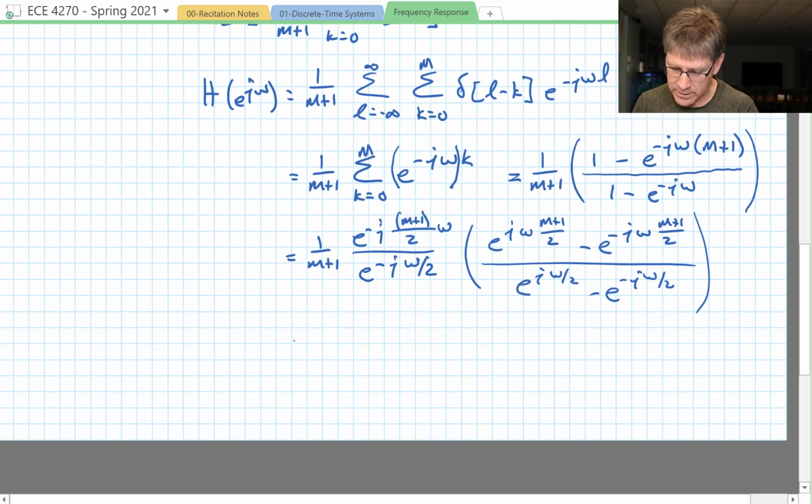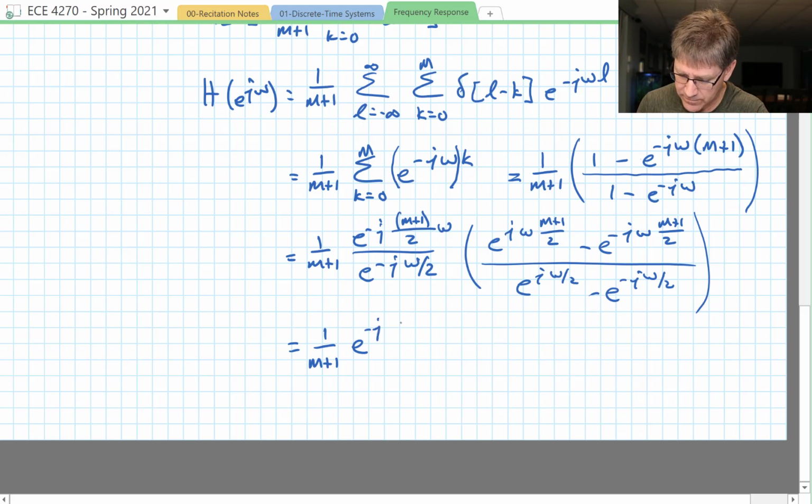So this comes out to be 1 over m plus 1, and we can simplify our factor out front to be e to the negative j omega m over 2, or omega times m over 2, whatever you prefer. And then by adding a 2j up here and a 2j down there, we don't change anything.